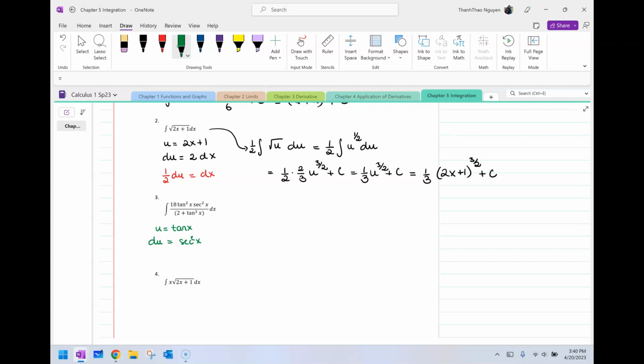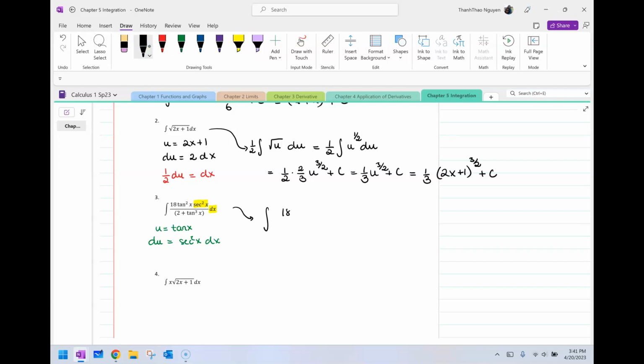So that does not really help me. Let's see how this is going to work. I can see that I have a secant squared of x dx here. That is my du. So I can rewrite my integral.